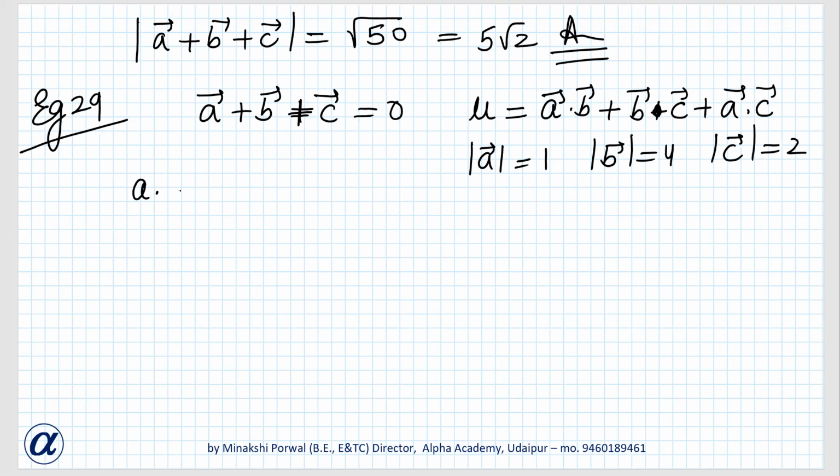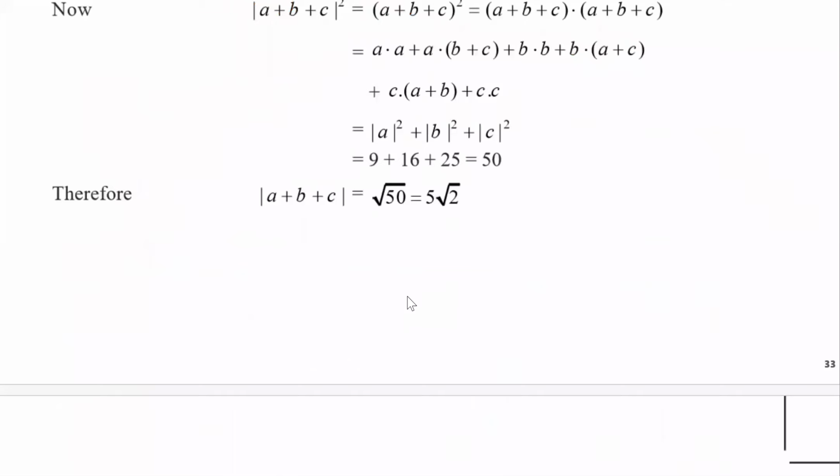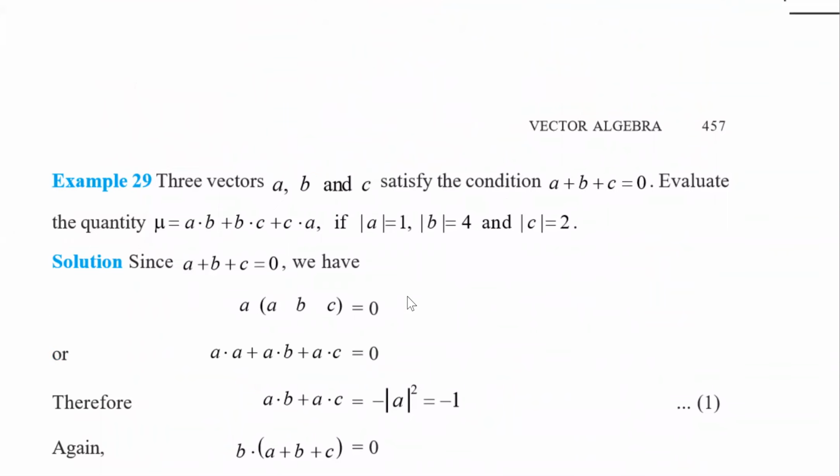Ma'am, in my book, magnitude of A is 3. One minute. It is 1 only.